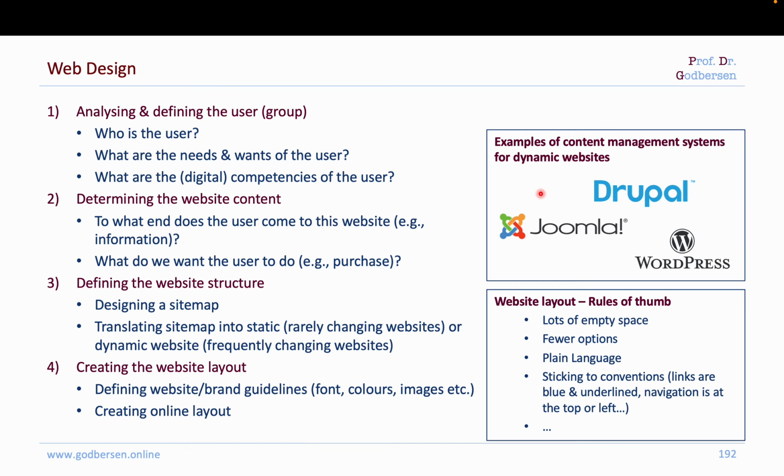And you find here a few examples of content management systems like Drupal, Joomla, WordPress. At the start everything is tough to get set up. But once it is set up, it's very easy to handle and to manage in the background. Actually, everyone can do this. You do not need to have massive digital competencies.